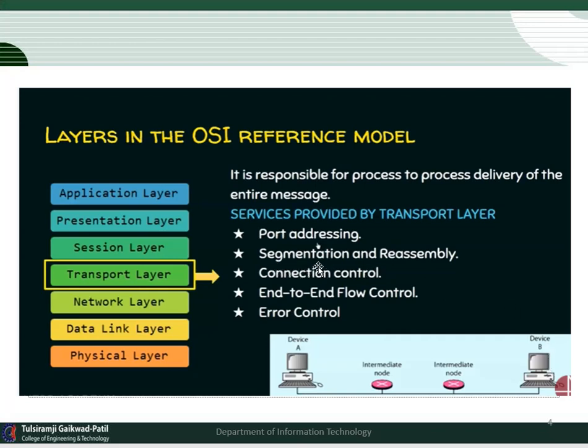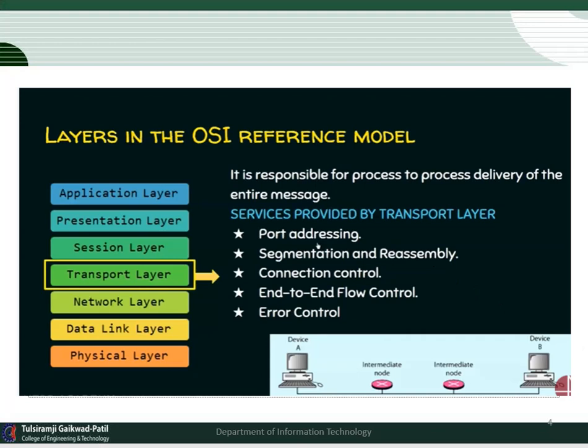In this, the larger message breaks down into smaller messages, and after reception at device B, the smaller messages get reassembled. So this is the segmentation and reassembly service provided by the transport layer.